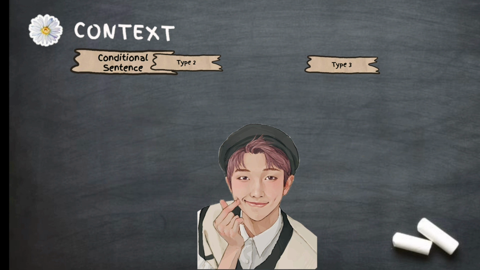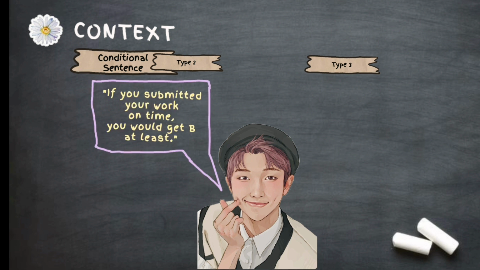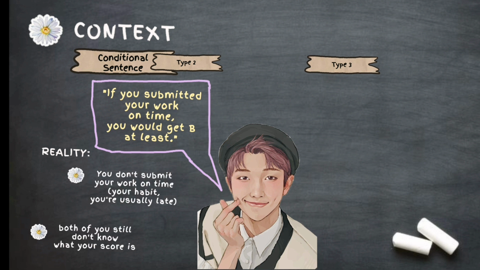Here we have the sentence. Your teacher says to you, "If you submitted your work on time, you would get B at least." It means that your teacher has already told you before that the due date of the assignment was on May 16th, but you submit your work on May 17th.